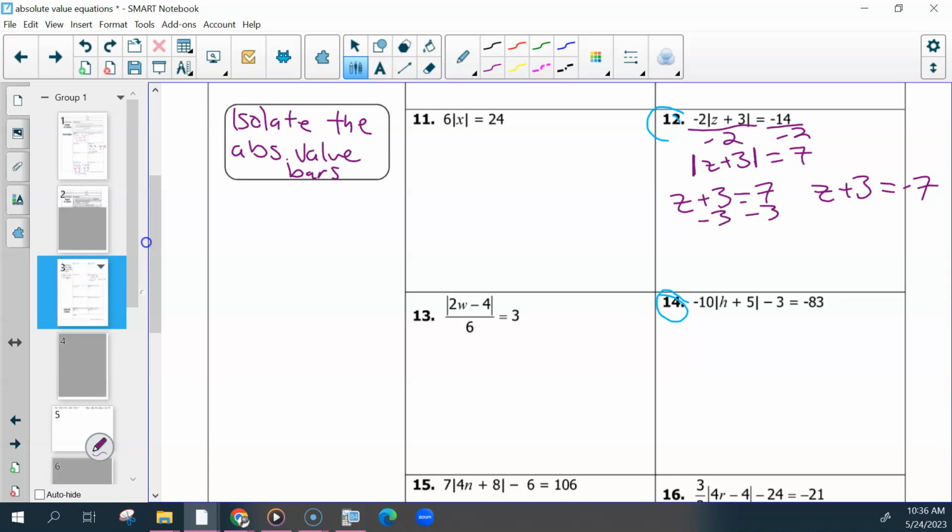Subtract 3. We have z equals 4 and z equals -10. So in your curly brackets, -10, 4. Have any questions about that process?